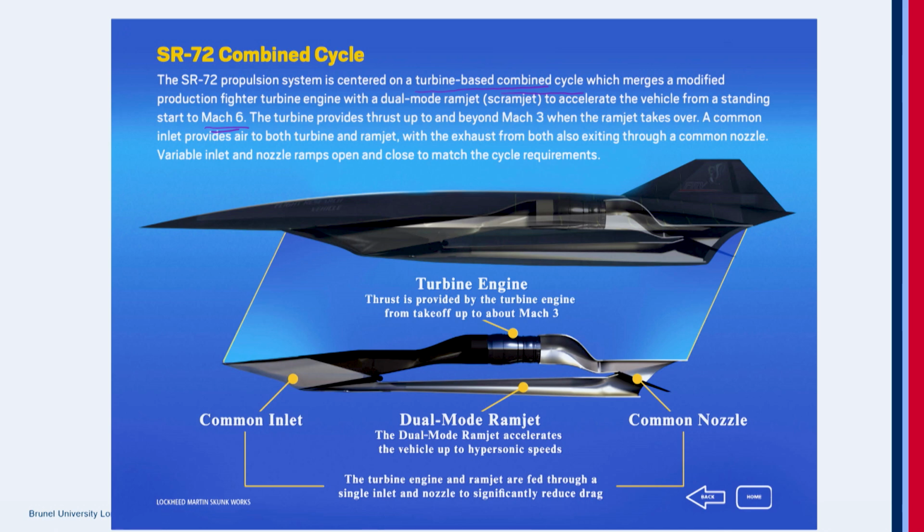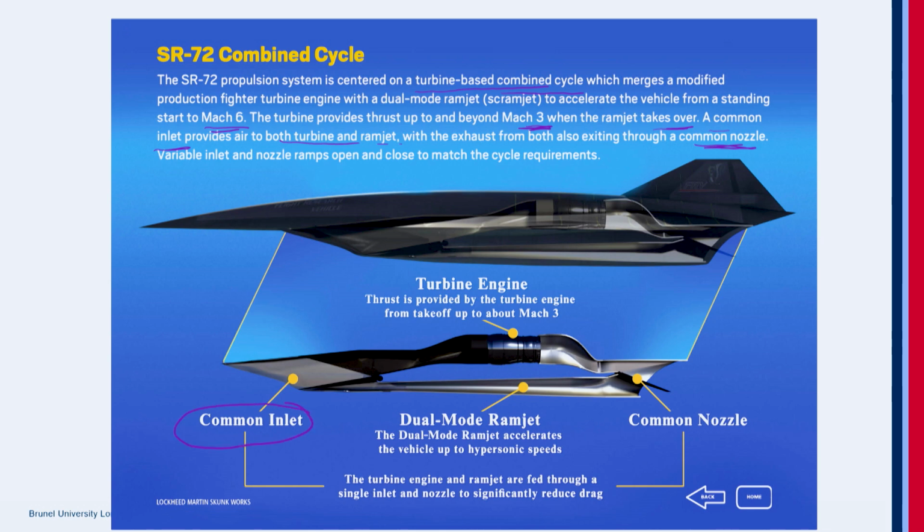The turbine provides thrust up to and beyond Mach 3, and then the ramjet takes over. The common inlet provides the air to both turbine and ramjet, and the exhaust from both exits through a common nozzle. That's the uniqueness of it.